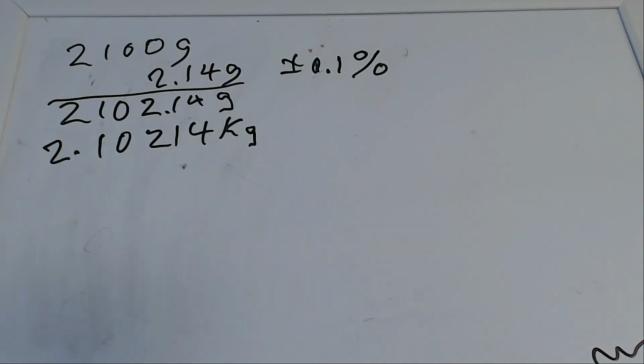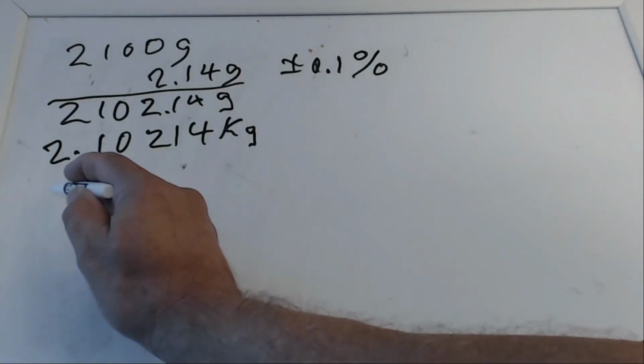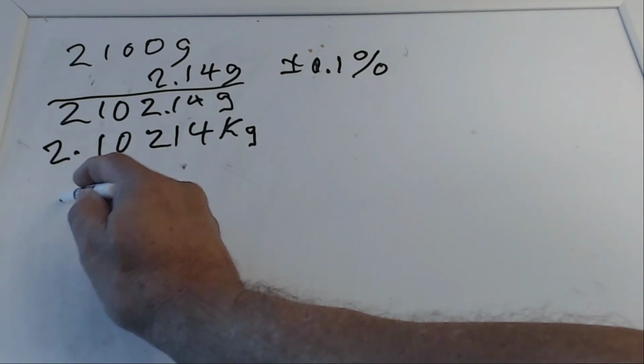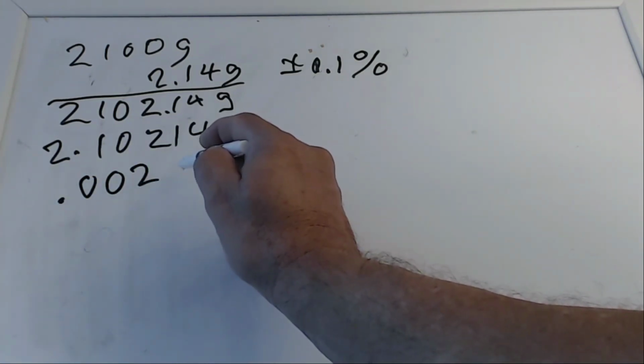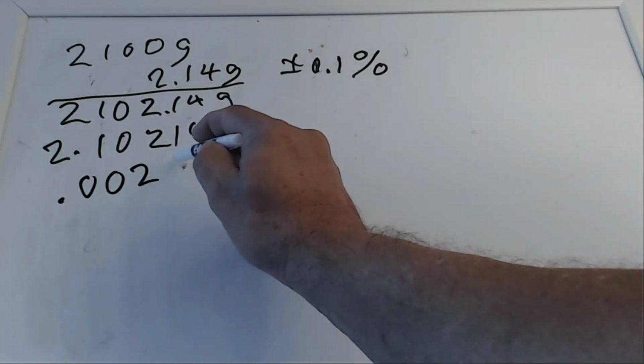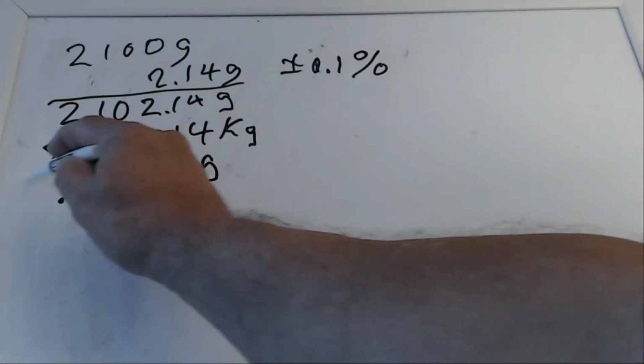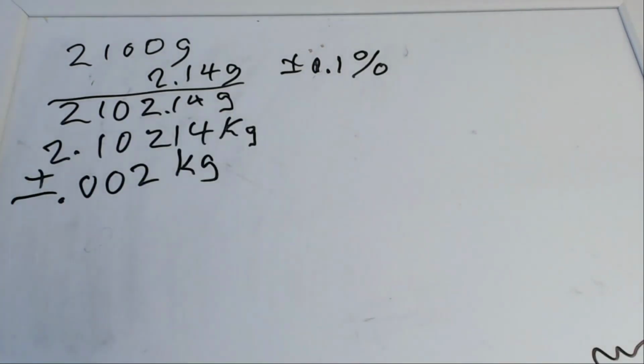And here we're going to take our measurement, take 0.1% of that, and that's what our uncertainty is going to be. So 0.1% is 0.001, which means we have to move the decimal point 3 times. So we're going to be 0.002, and then we're going to round it to kilograms. And that's going to be our uncertainty, plus or minus.